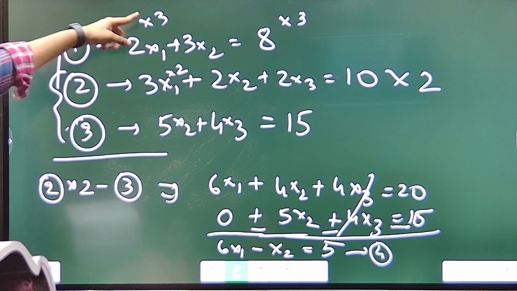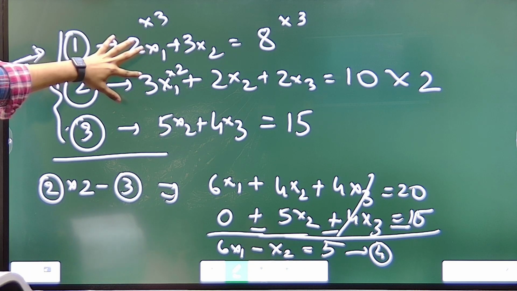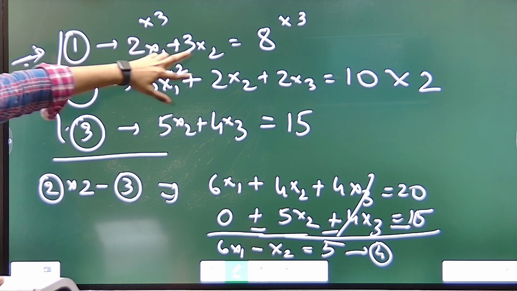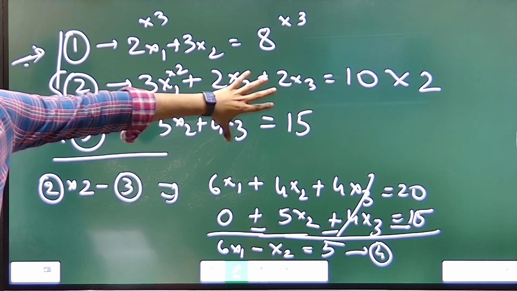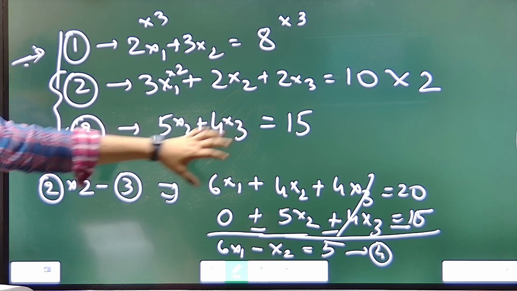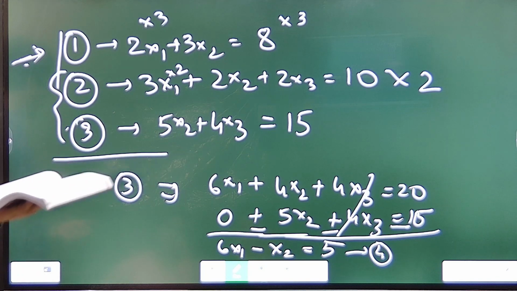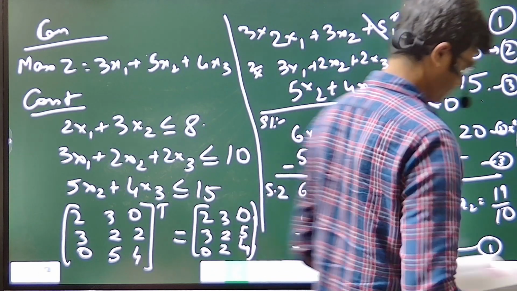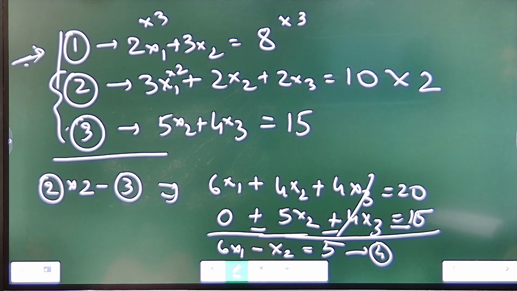Then I will get 6x1 and 6x1, so x1 will get cancelled. Then you will have x2 and x3. Here you have x2 and x3. So again, with that solution, you can do this solution. Understood? You can keep this if this is better.